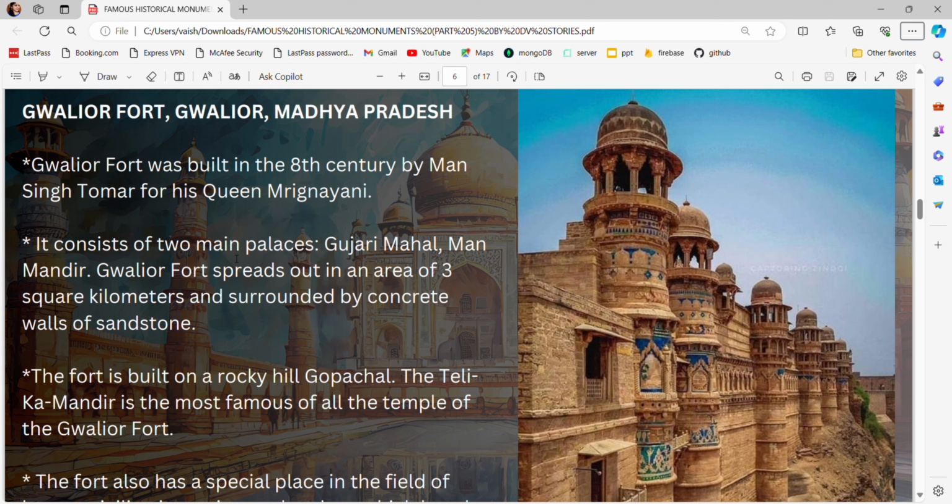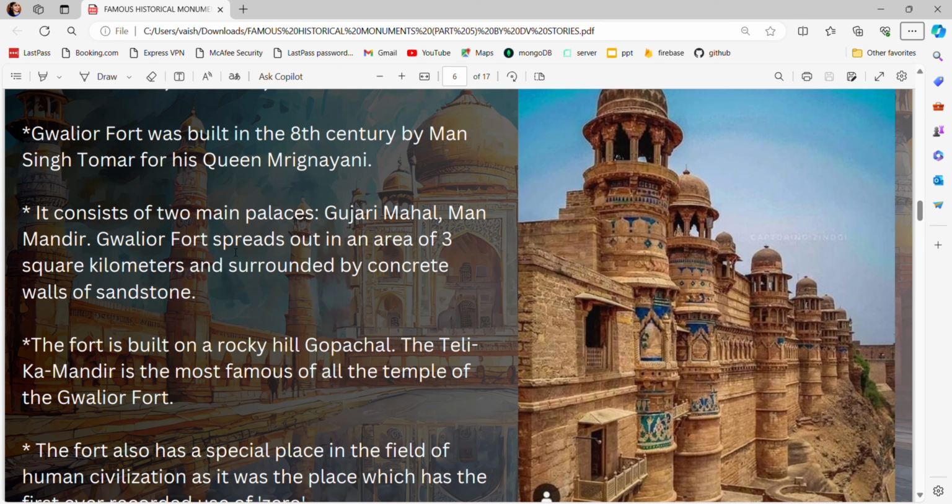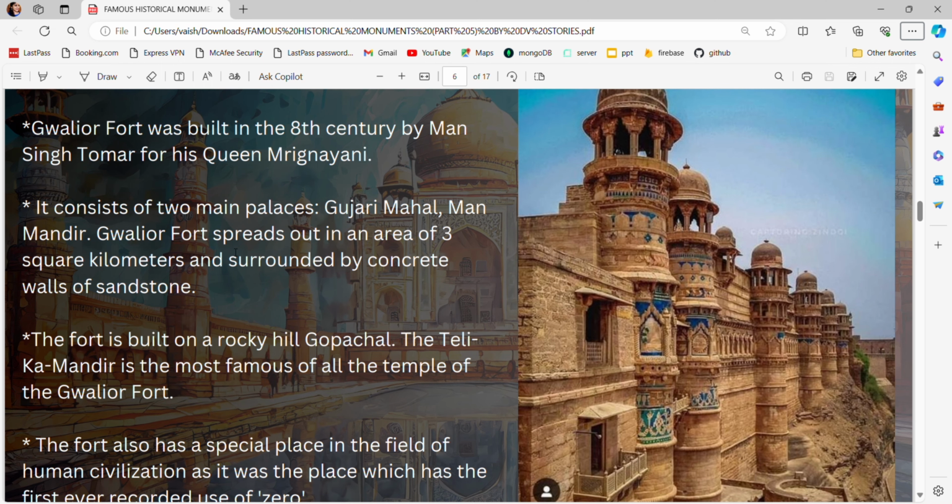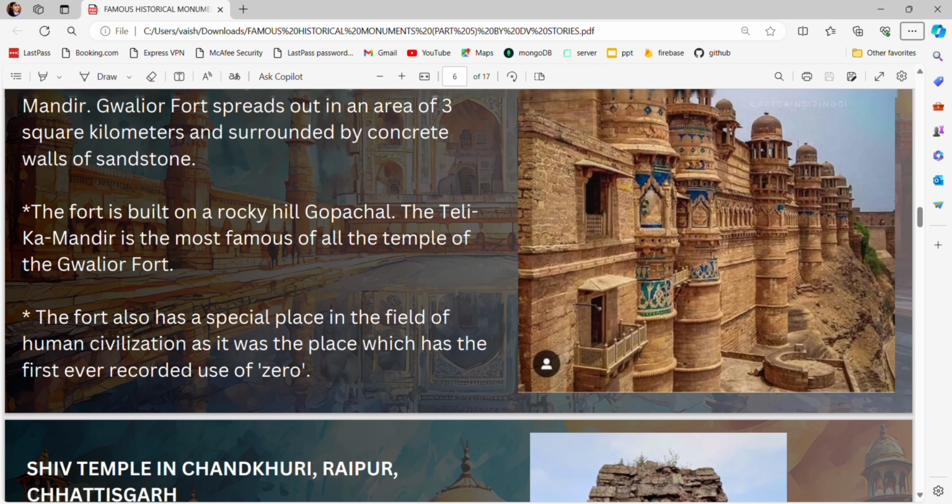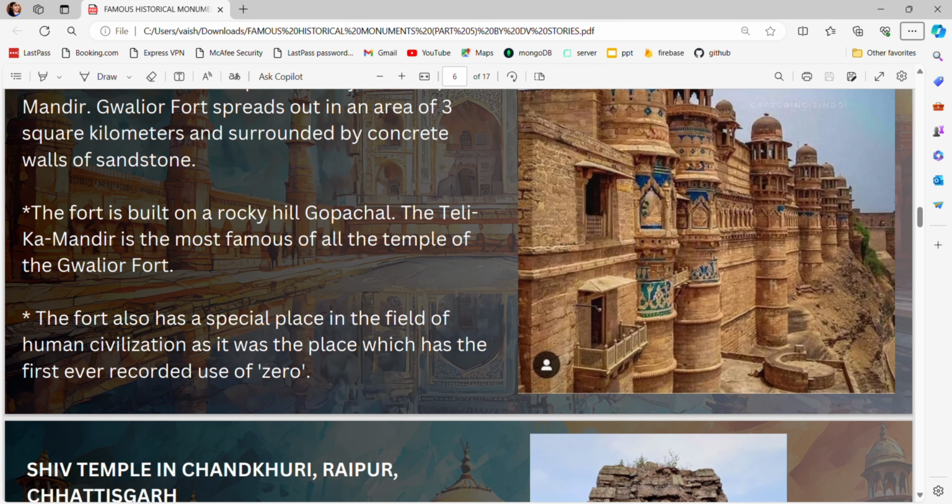Gwalior Fort spreads over an area of 3 square kilometers and is surrounded by walls of sandstone. The fort is built on a rocky hill, Gopachal. The Teli Ka Mandir is the most famous of all the temples of Gwalior Fort. The fort also has a special place in the field of human civilization, as it is the place with the first ever recorded use of zero.